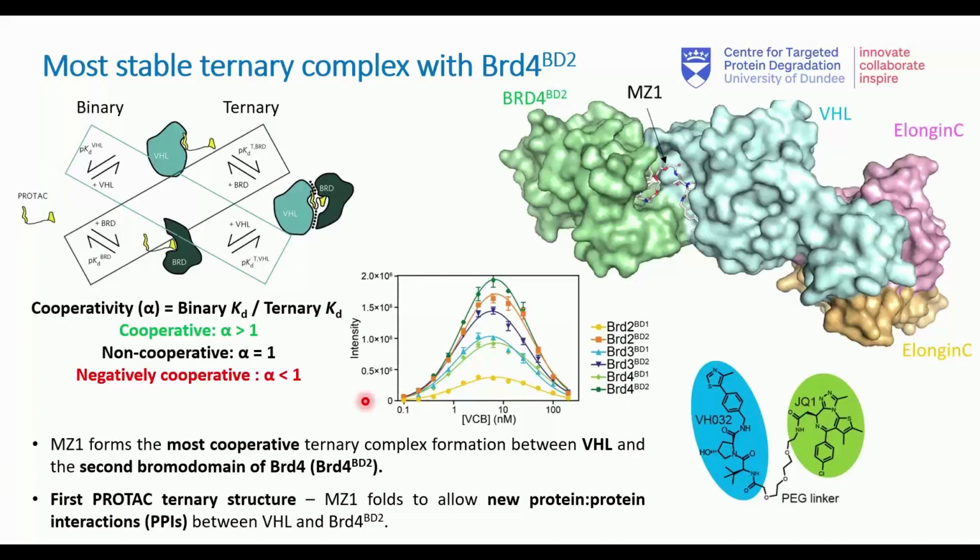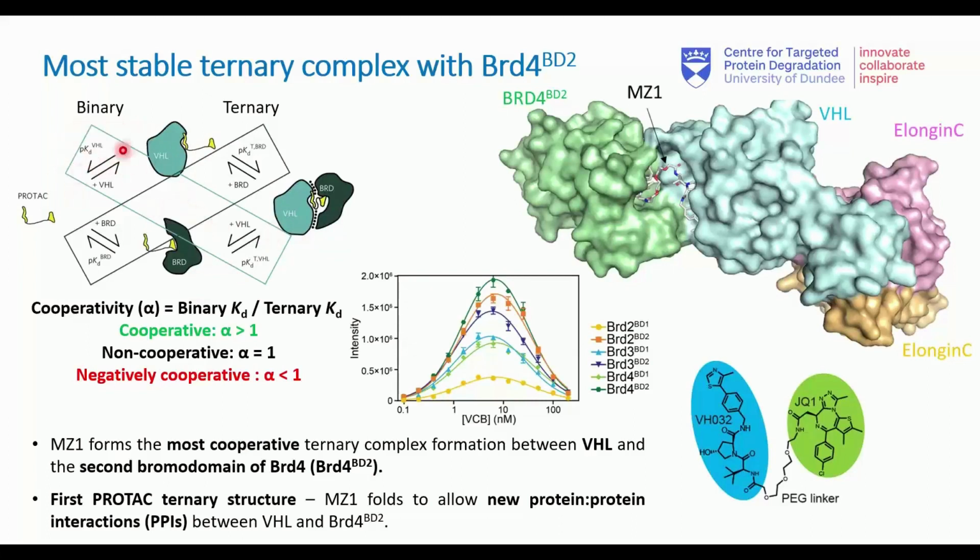And just to explain it for those of you who don't know what cooperativity is, cooperativity is the ratio between, because we're now into the realm of a three-body equilibrium between a PROTAC and two different proteins, you can get the ratio of the binary interaction between a PROTAC and your E3 ligase ligand, and also you can measure the KD, or the binding affinity, of the ternary complex formation.